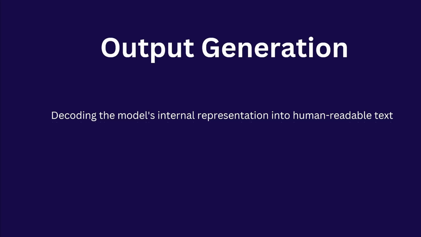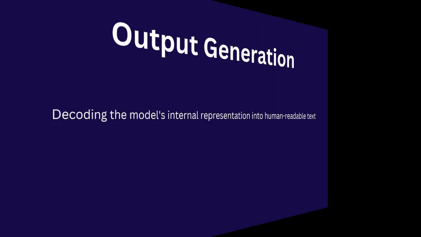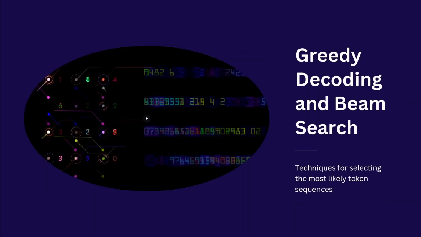So it calculates the probabilities and then generates the output token by token. Greedy decoding and beam search are two techniques used for selecting the most likely token sequences during output generation.